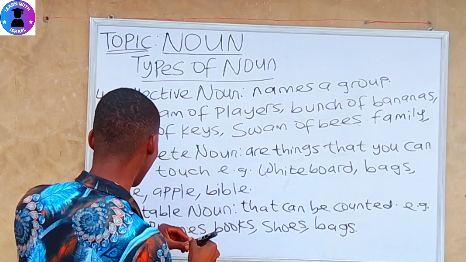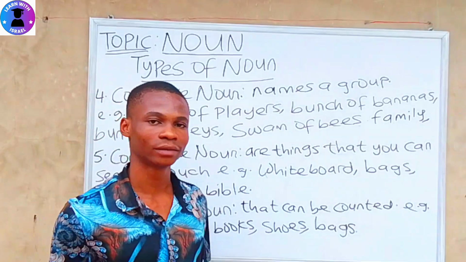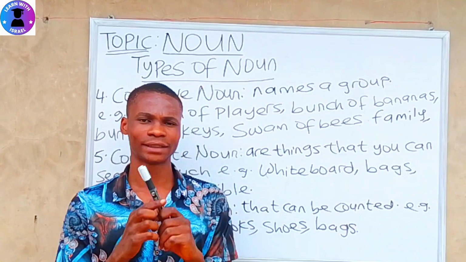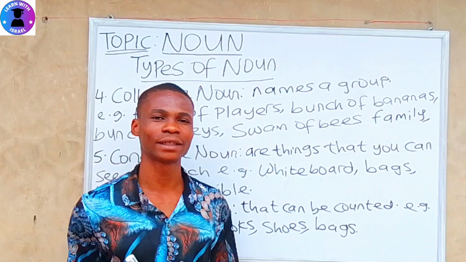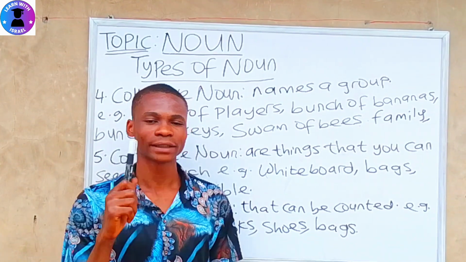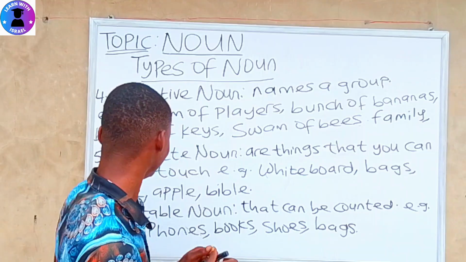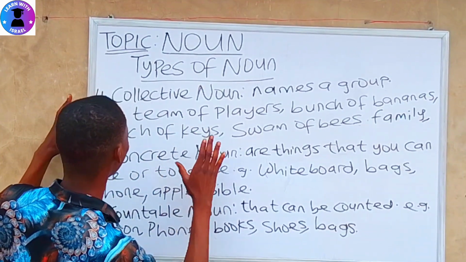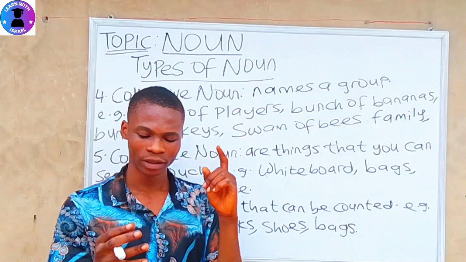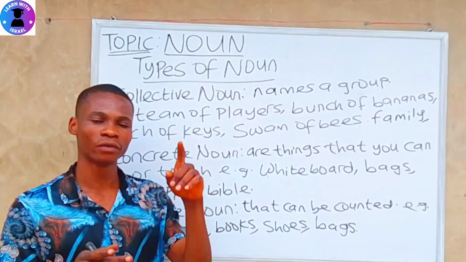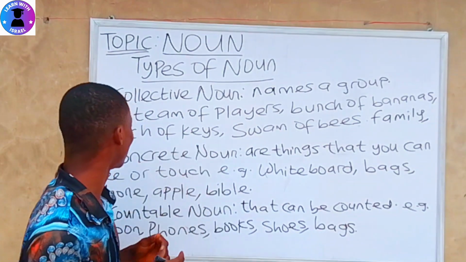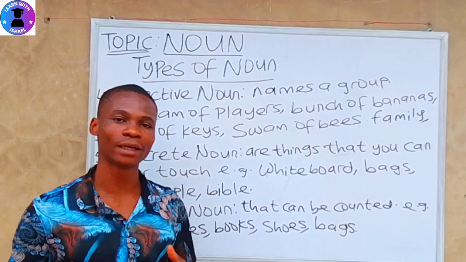So, countable nouns can be counted. For example, this marker you have seen, this marker can be counted. Those are types of noun. We've talked about proper noun, common noun, abstract noun, collective noun, concrete noun, and countable noun.